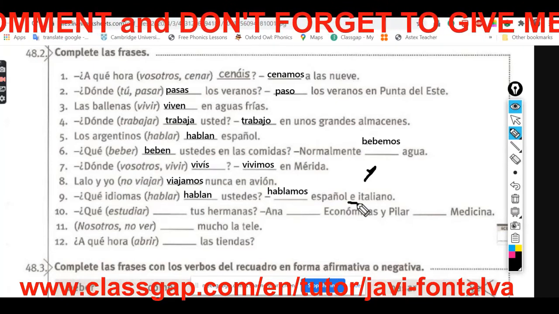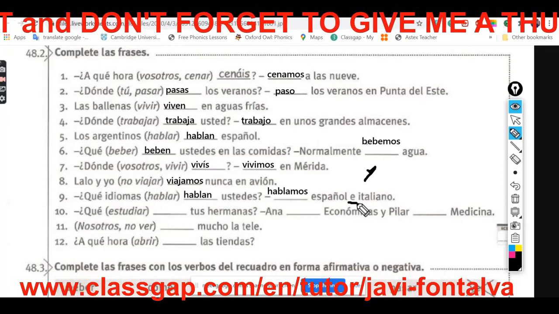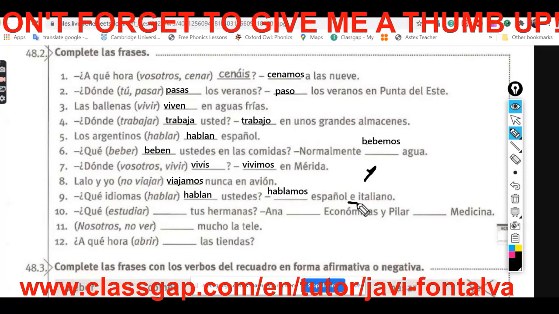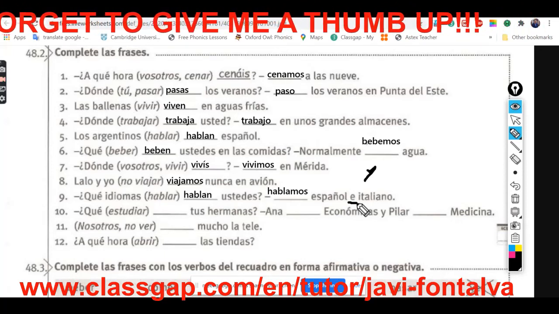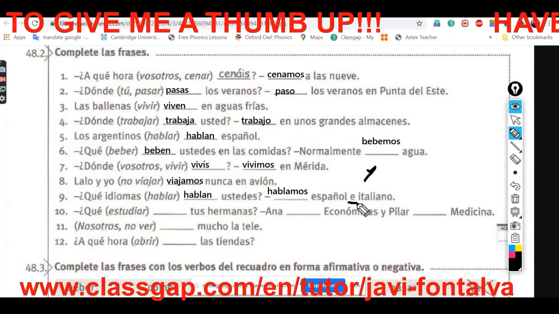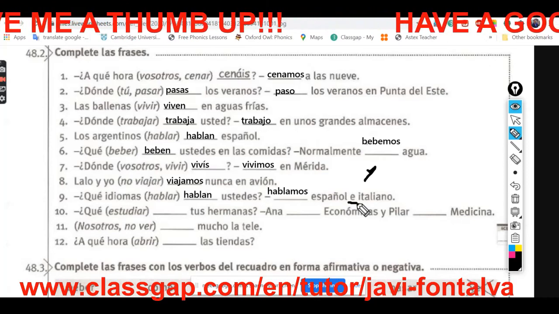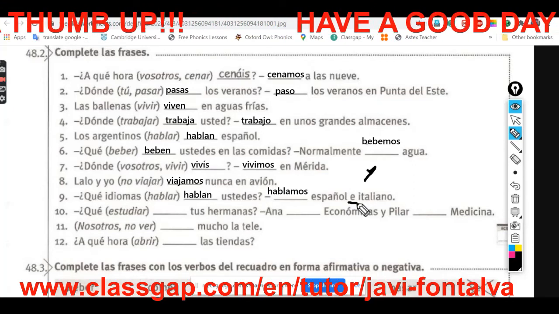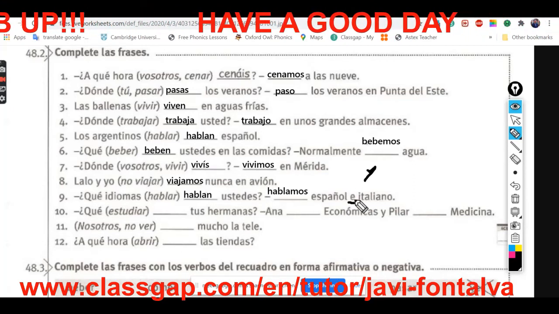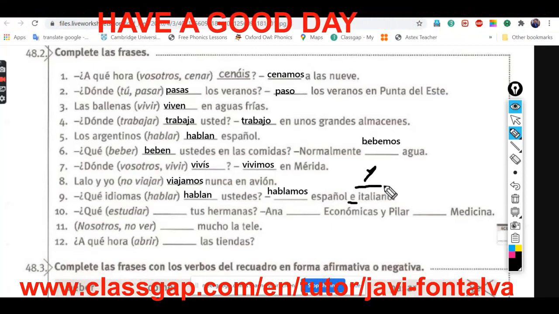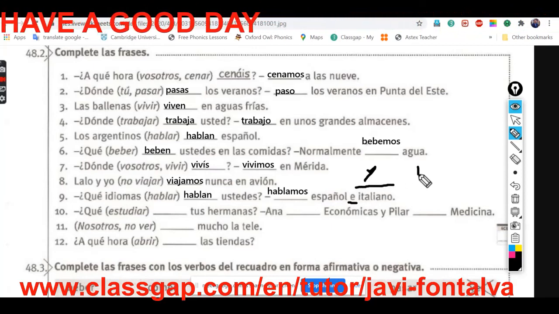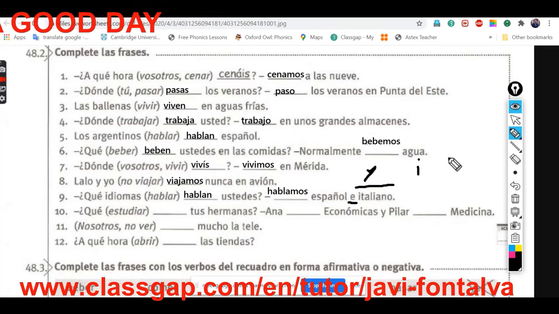According to the Spanish dictionary, if the next word begins with the sound I, whether it's written I, HI, or even Y, the Y changes into E to avoid cacophony.